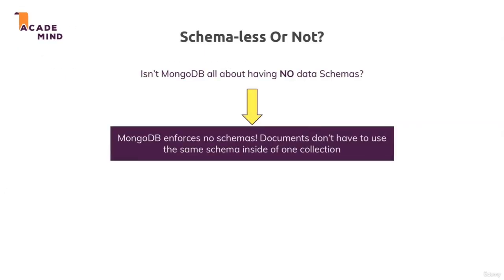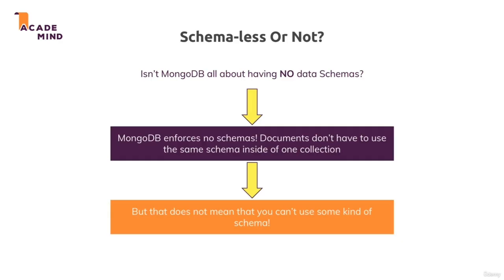You can mix them. But in reality, you will probably have some kind of schema. Because if you are building the backend for your online shop, it's in your interest that all your products have a price, for example, that they all have a name which is stored in a field named name.